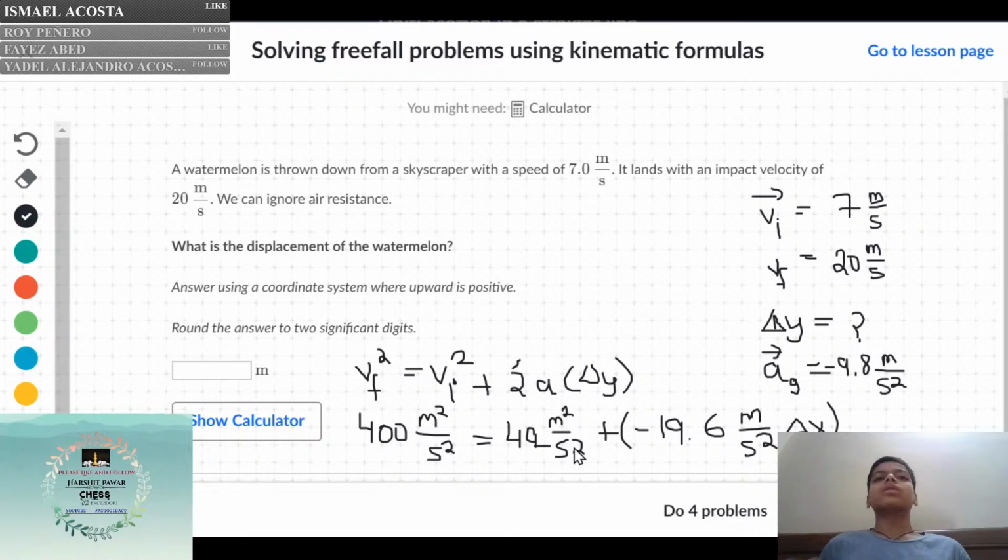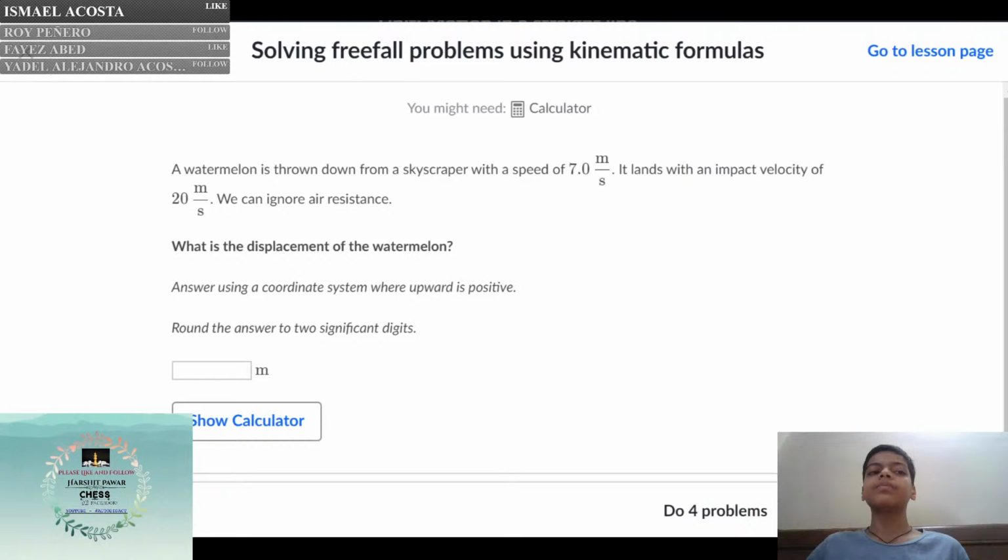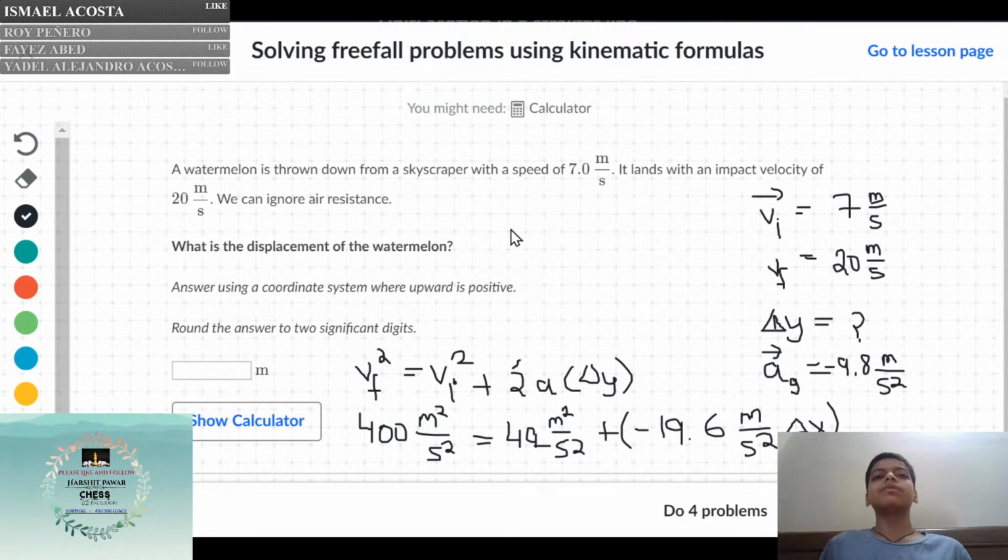Now we just solve for this. Subtract 49 meters squared per second squared from both sides: 400 minus 49 is just 351.